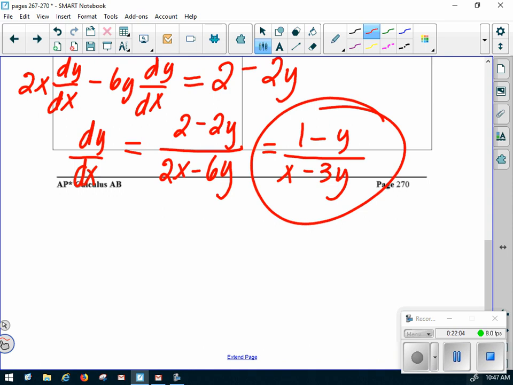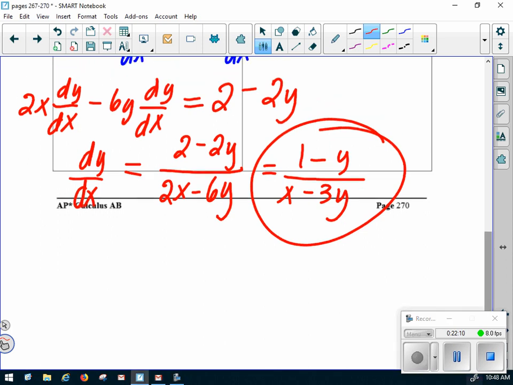Now there's one idea I want you to ponder just a little bit. What if I had decided on this step to move the dy dx's to the right and the non-dy dx's to the left?